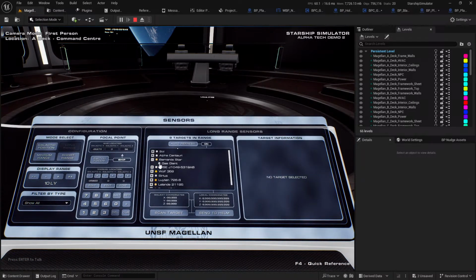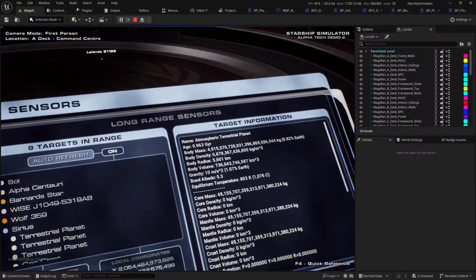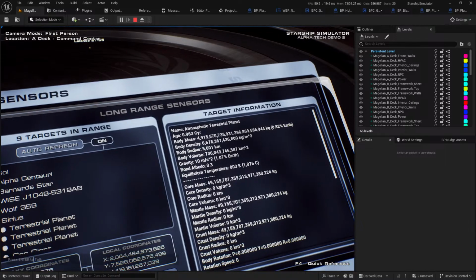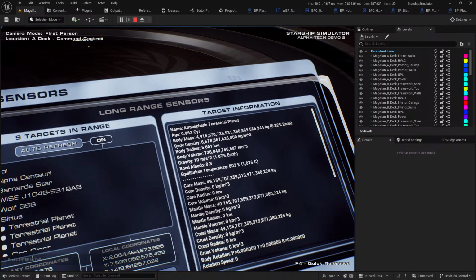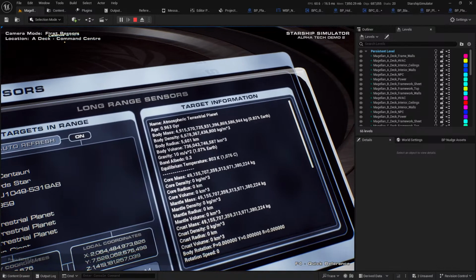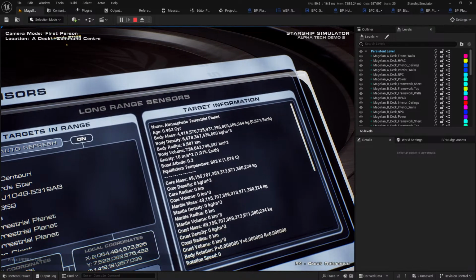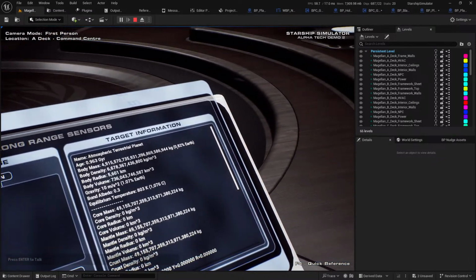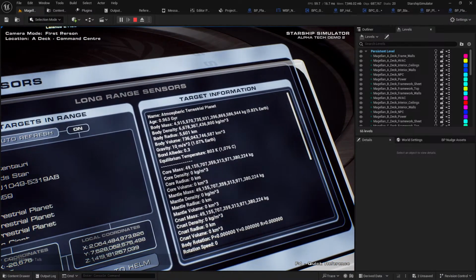Okay, Galaxy, what have you got for us? Yeah, see these values, I'm going to have to go through and double check them, because if it's 0.8 of Earth's mass, then surely the gravity should be lower.